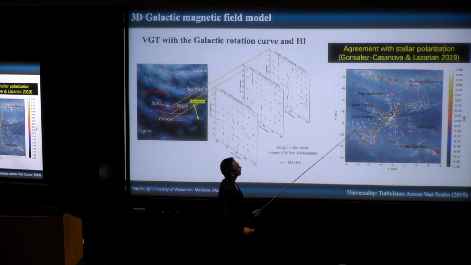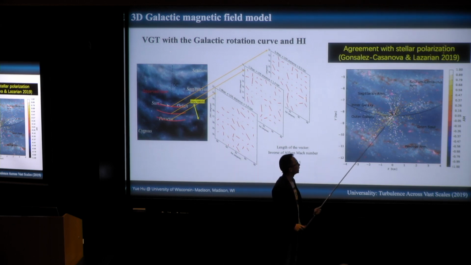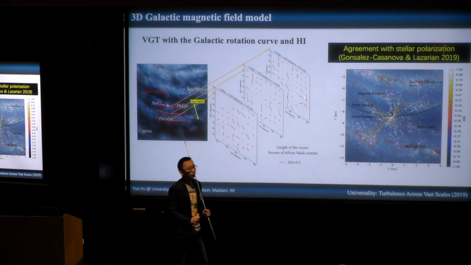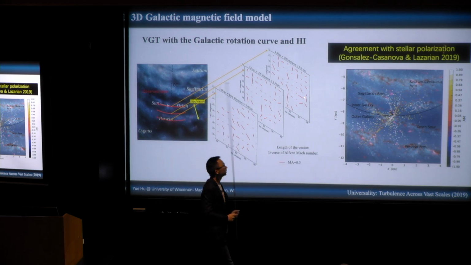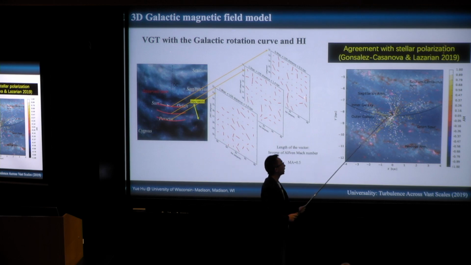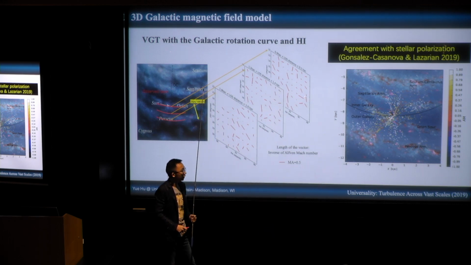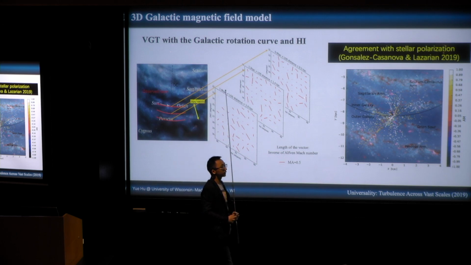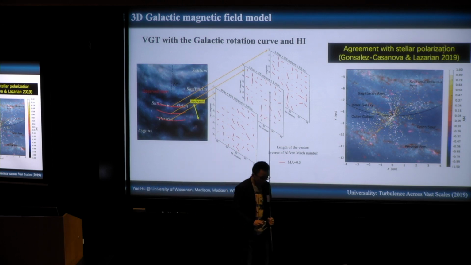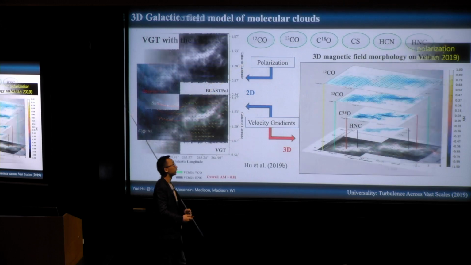The white points mean they show very good agreement, and the dark points mean there is disagreement. We can see in most regions, the velocity gradients align with the magnetic field from stellar polarization. But there also exists disagreement. Why? Please do not forget the existence of molecular clouds.